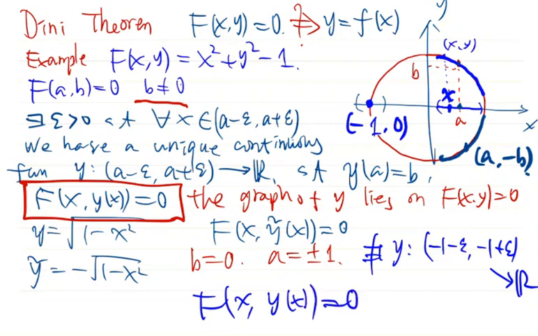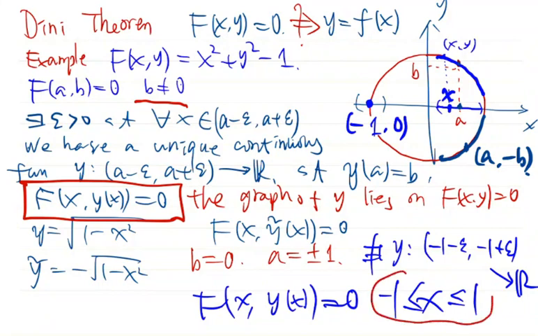You could not have such a function because all the points in the graph of F, in the unit circle, the unit circle does not contain points whose x coordinate is less than minus 1. All x must be greater than or equal to minus 1 and at most 1.